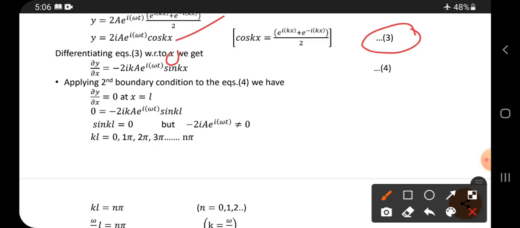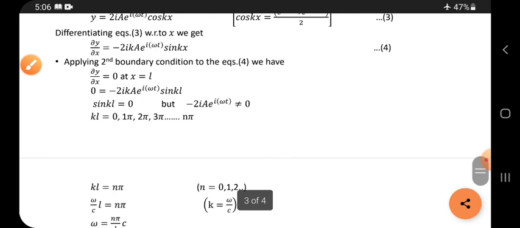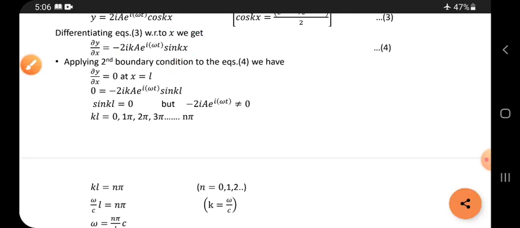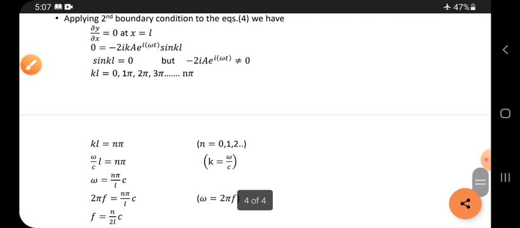If we want to apply the second boundary condition, again we have to differentiate. Differentiating cos kx: only the x term is differentiated, the remaining are constants. So cos becomes −sin kx, and k comes outside.